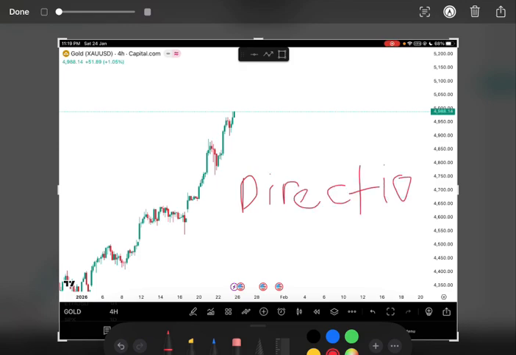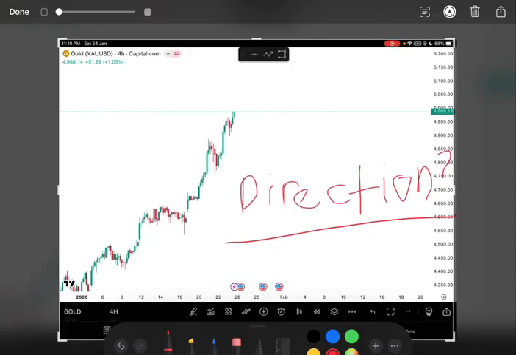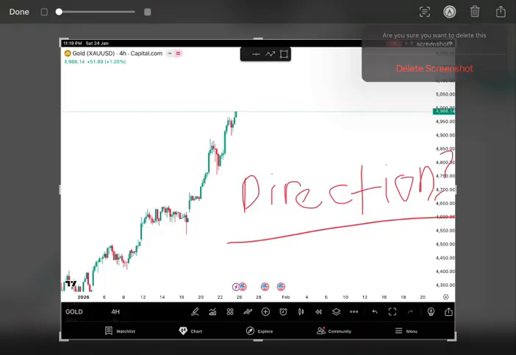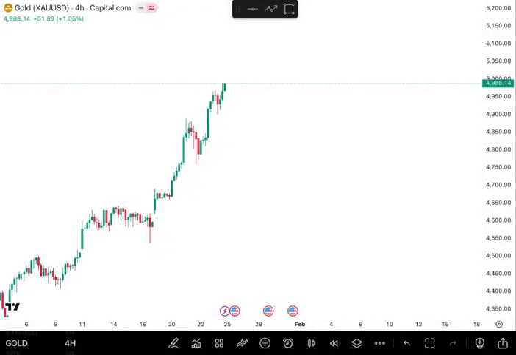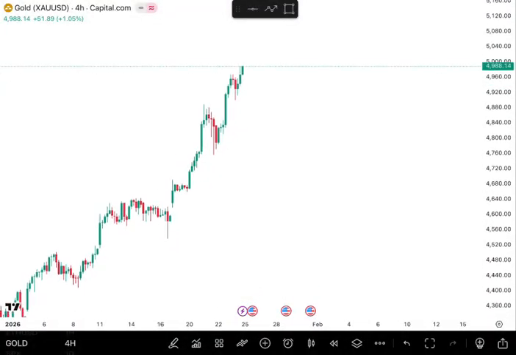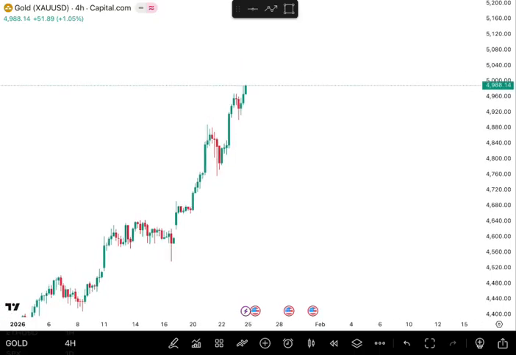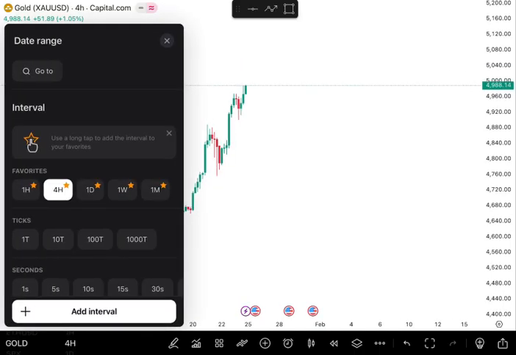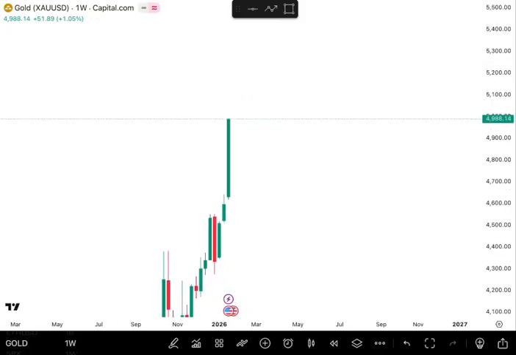This is an example. I want to know where the direction will be going, on the highest time frame, which is the weekly first.